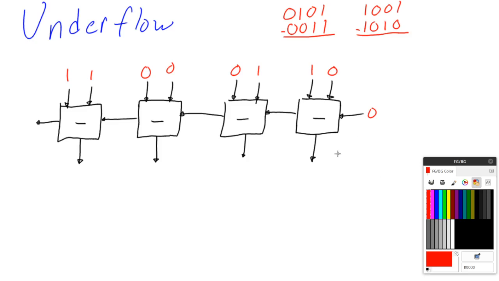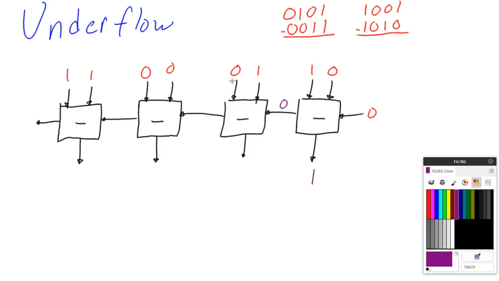So we've got 1 minus 0 minus 0, which comes out to be a 1. And so we don't need to borrow, so we can just set our borrow to 0.